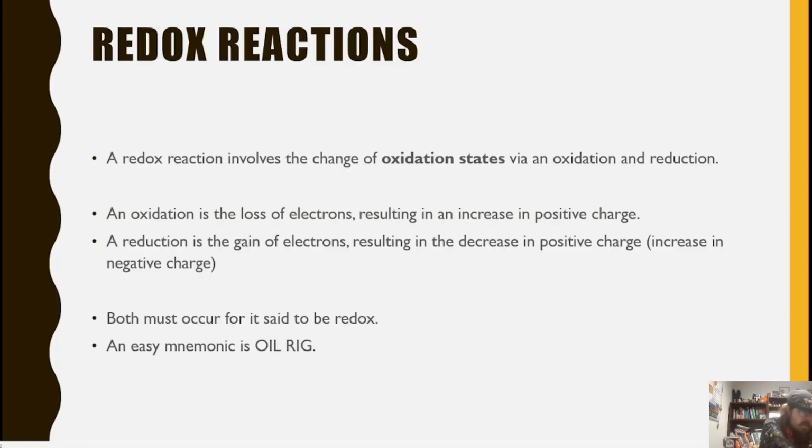So redox reactions. That's the last major driving force. A redox reaction involves the change in oxidation states via oxidation and reduction reaction. They must always happen. Must always have an oxidation and a reduction in order for this to go.